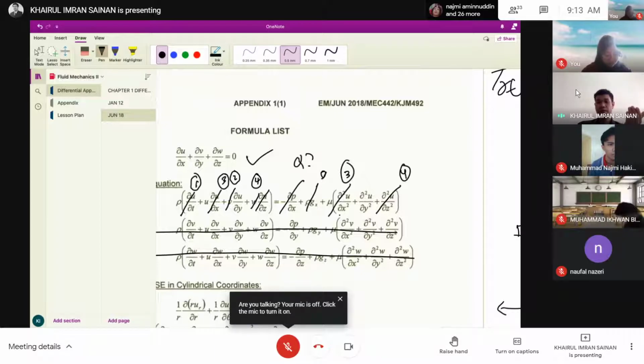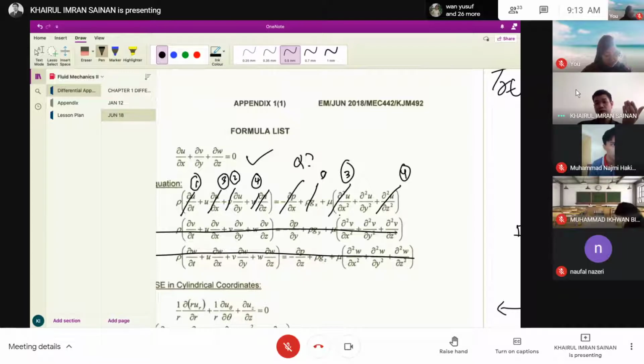We already established that del u over del y is not equal to 0. And the last one is del squared u over del z squared. We cancel it out due to number 4: there is no flow in the z direction. Okay, that's it. Any question?